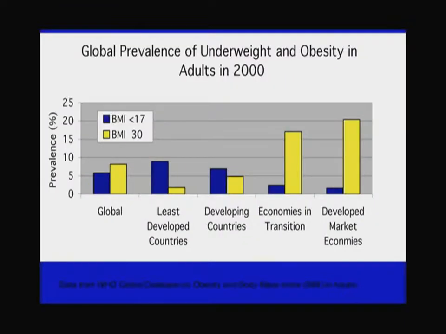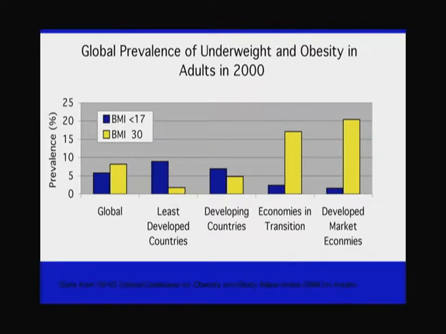Now, this is data from the WHO that's aging now a little bit, but still the most recent available, that compares worldwide, and this is sort of the summary column here, the number of people with a body mass index of 30 or over, which is our definition of obese, and those that are less than 17, a definition of malnutrition. And you can see now that there's a ratio of about 5 to 4 between obesity and malnutrition around the world.